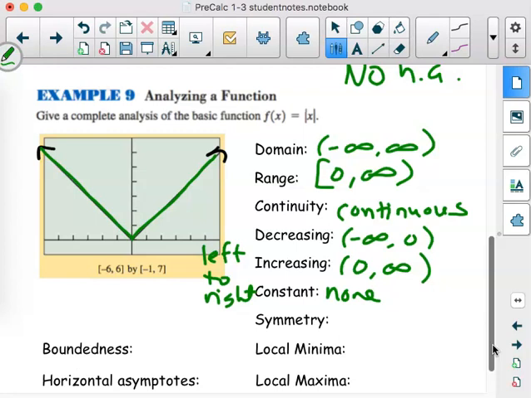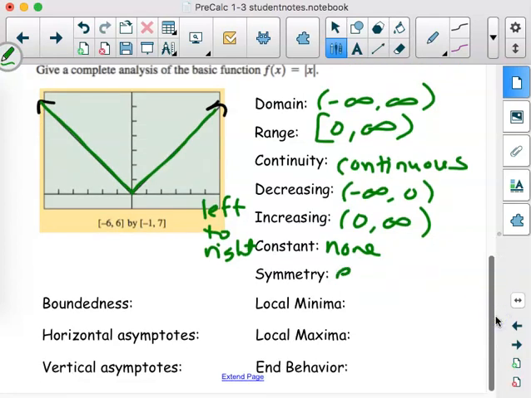Symmetry, remember, we only have 3 options. Even, odd, or neither. So which should we put for this one? Even. Does it have a local minimum or a local max? It does. Which does it have?